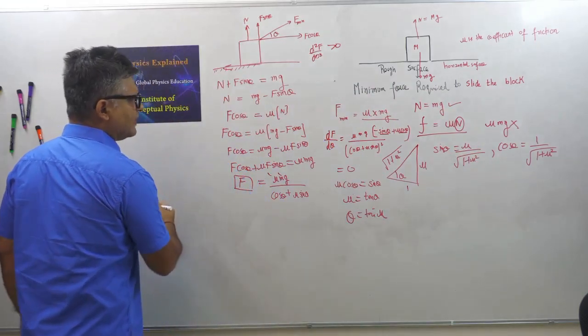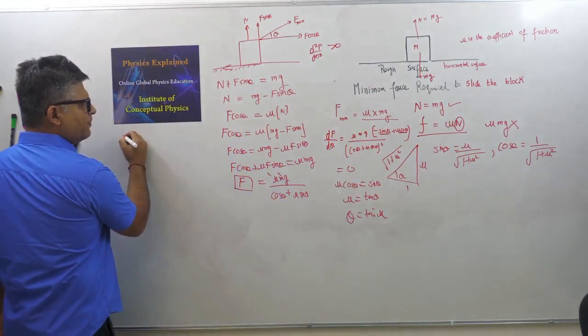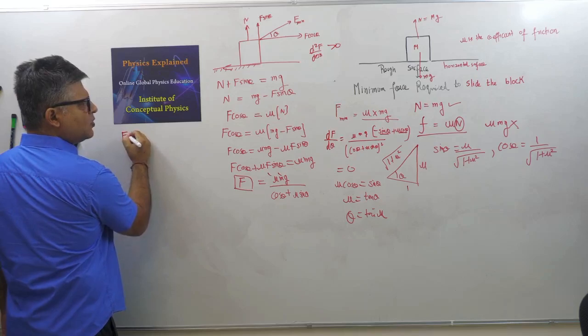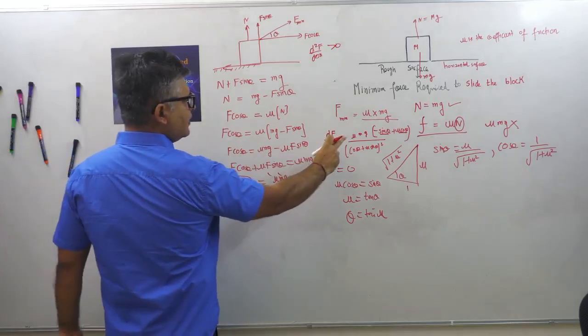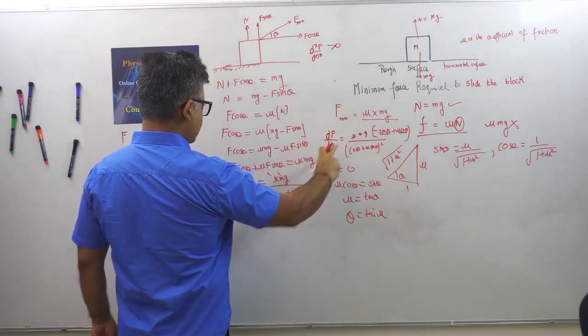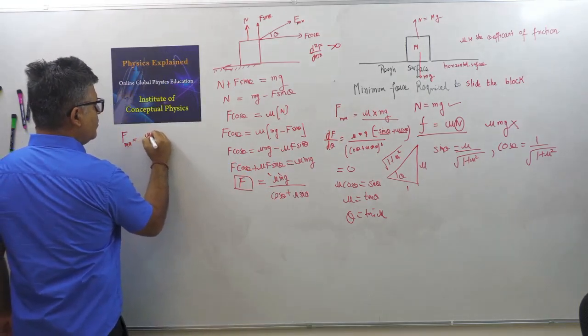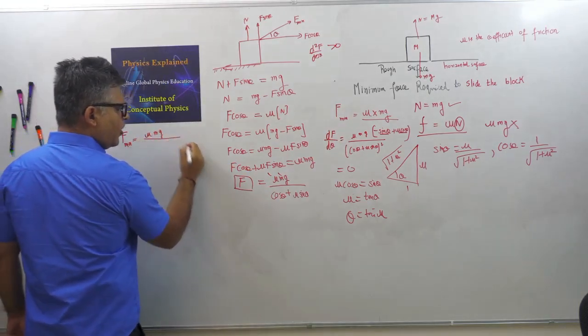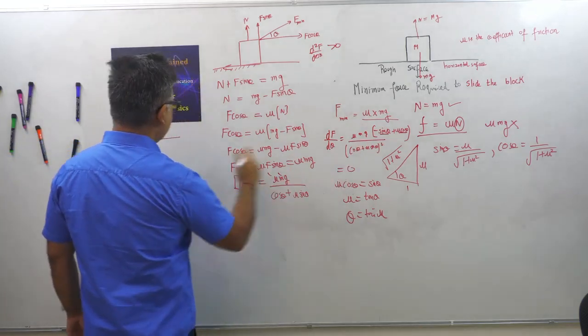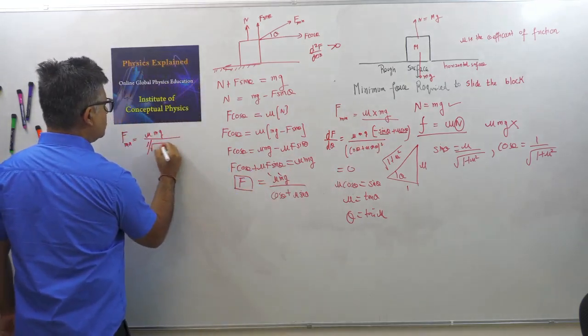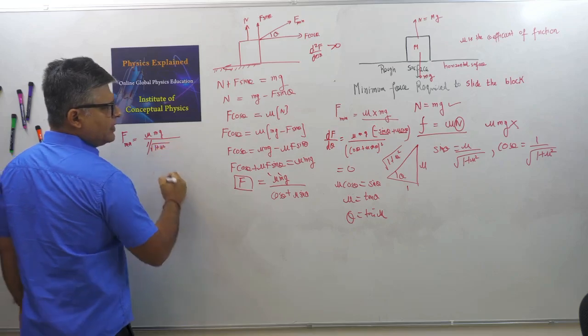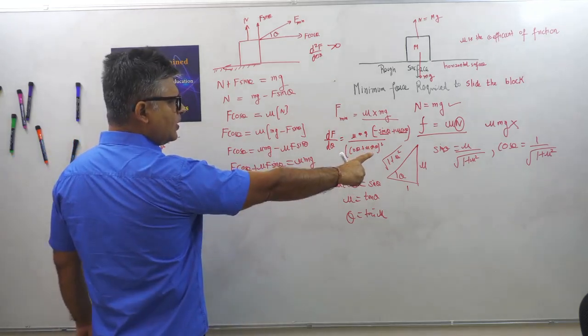So I will put this value here. Let me just write it here. You have space here. So my force is equal to, my F was written, this was my F. So F minimum is equal to mu mg upon cos theta, which is 1 upon under root of 1 plus mu square, and what is my sine theta equal to?